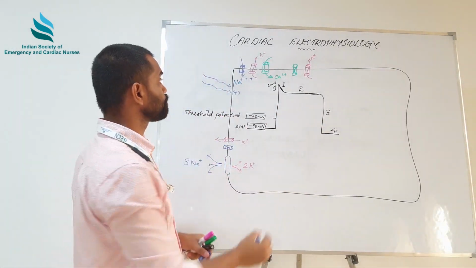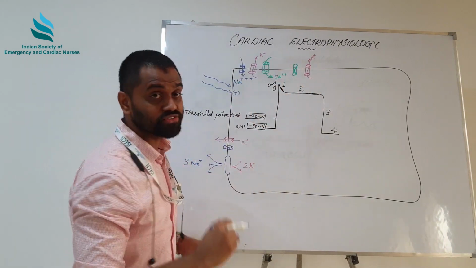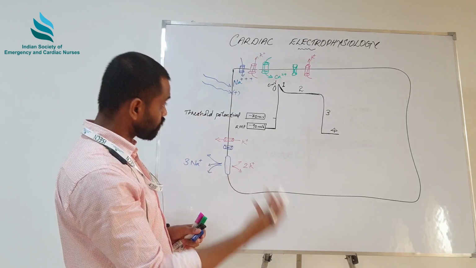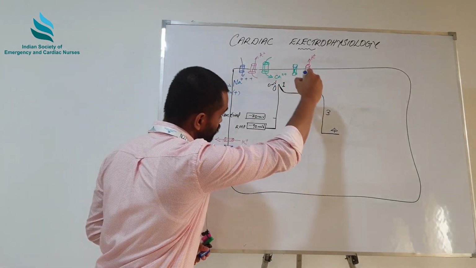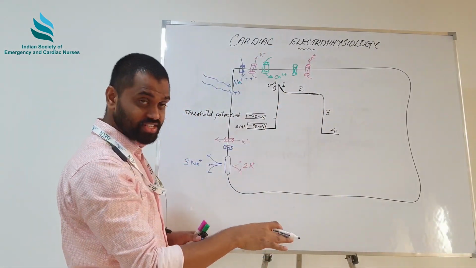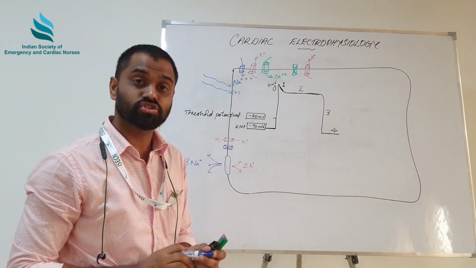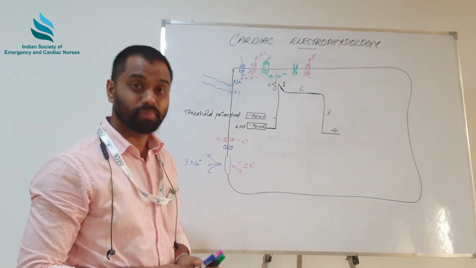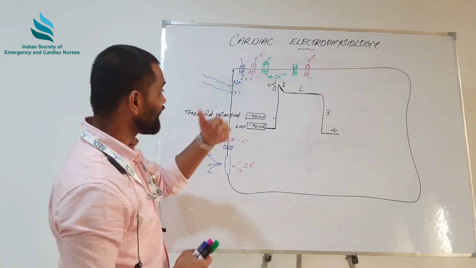And after that the calcium channel closes, but the potassium channel remains open, and because of that the cell loses cations and the electric potential moves further down towards negativity and touches the baseline resting membrane potential, which is minus 90 millivolts. So this is called repolarization.